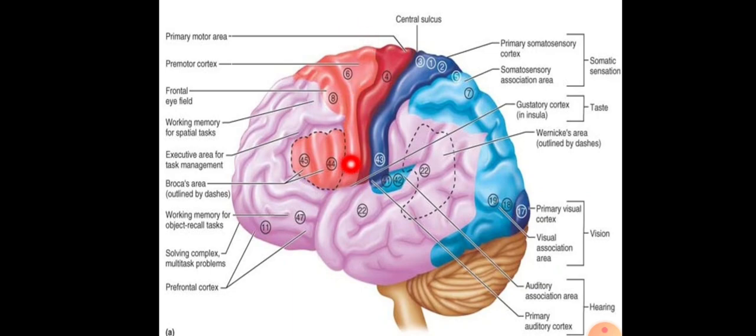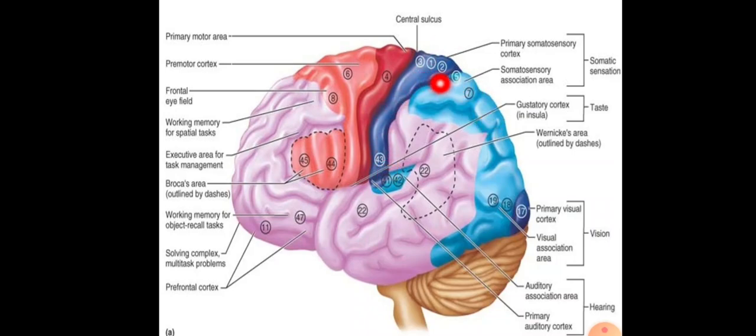The primary motor area is responsible for planning of the motor activity. And here is Broca's area responsible for formation of the word. And this one is Wernicke's area responsible for understanding of spoken and written language. And this one is the primary somatosensory area.